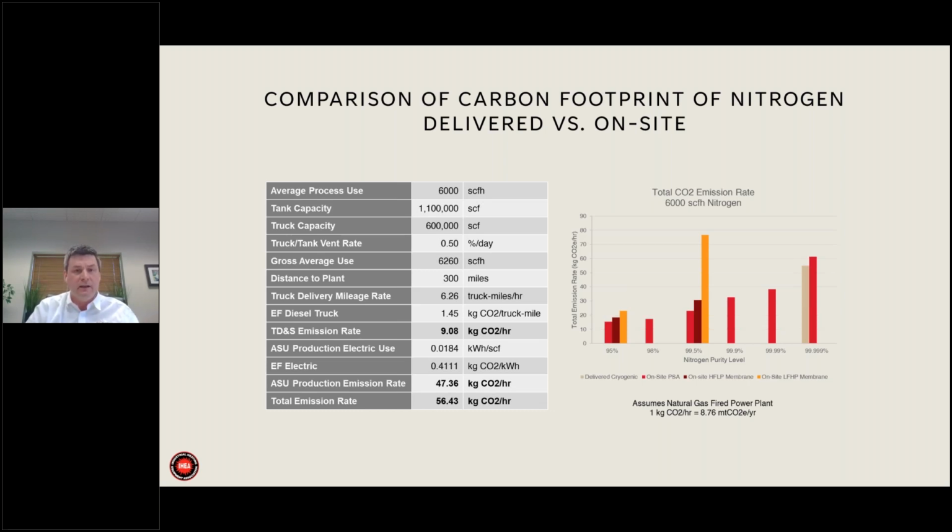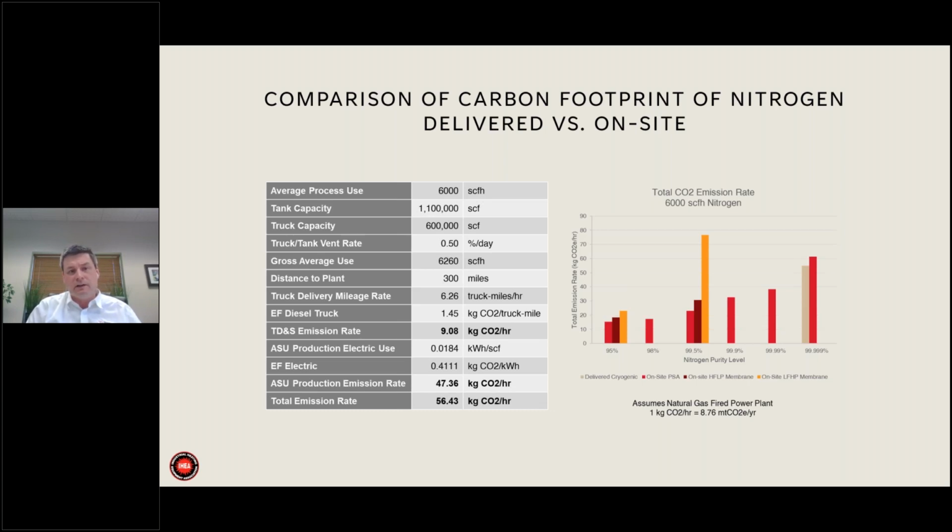In general, if you're using natural gas, that's going to be 0.4111 for your emission factor. With the amount of electricity you use, that's 47.36 kilograms of CO2 per hour going into my nitrogen. So all told, if I'm using 6,000 standard cubic feet per hour of nitrogen, I'm emitting, not myself, but because the feedstock I'm buying already has it, I'm technically emitting 56.43 kilograms of CO2 per hour.